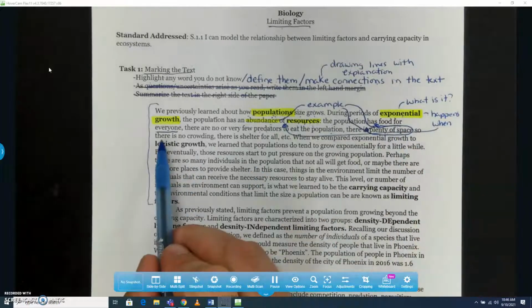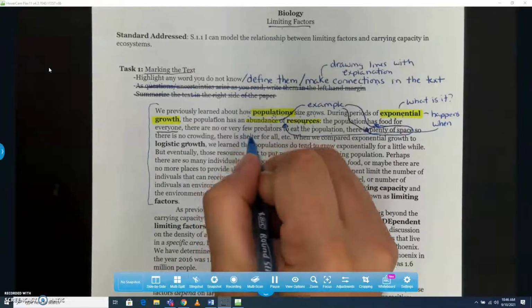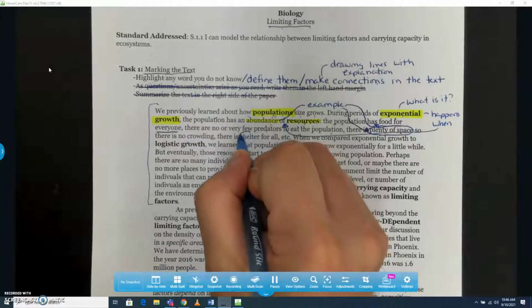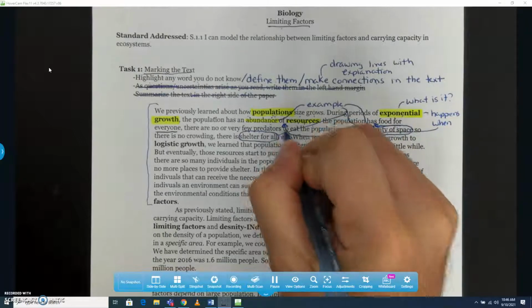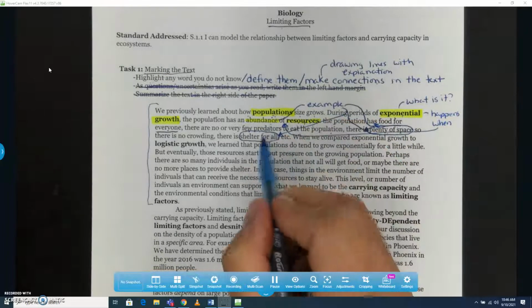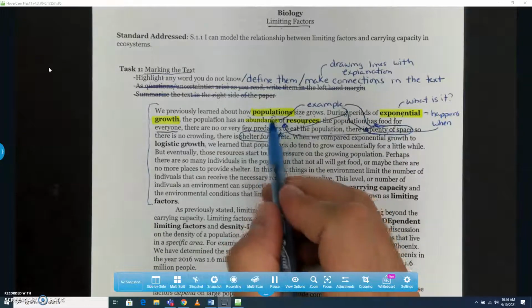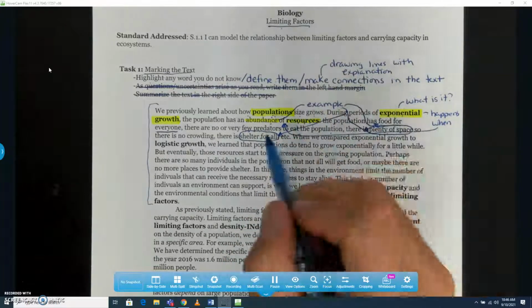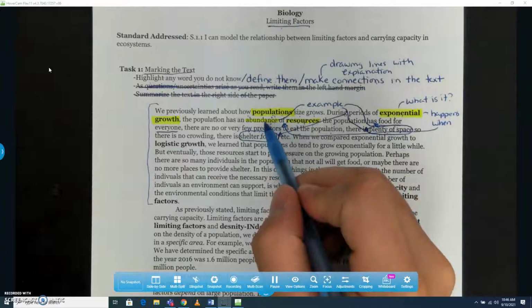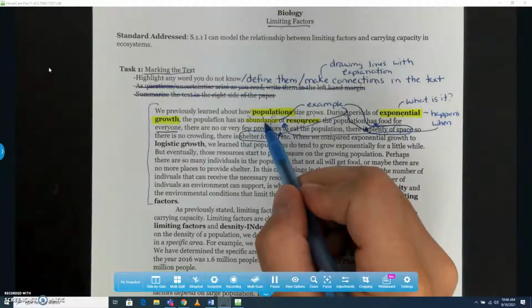Plenty of space, so there is no crowding. There is shelter for all. That looks like a third example of what we mean by abundance of resources. So at this point, you should start to be able to define the word abundance if you did not know it already.